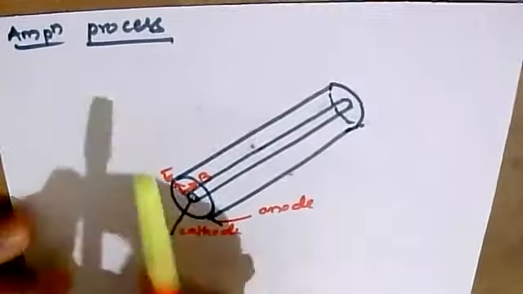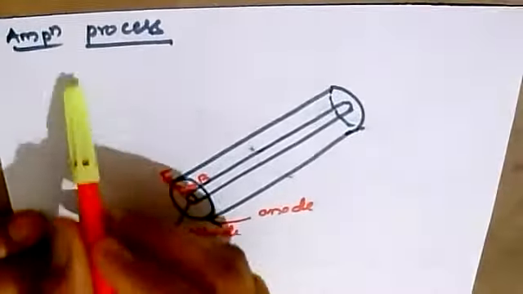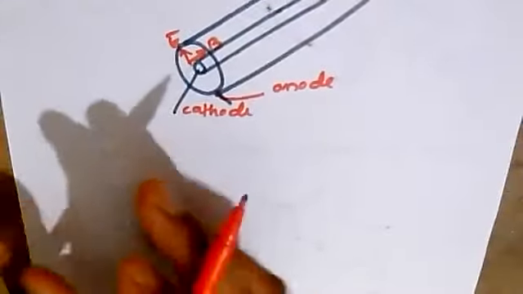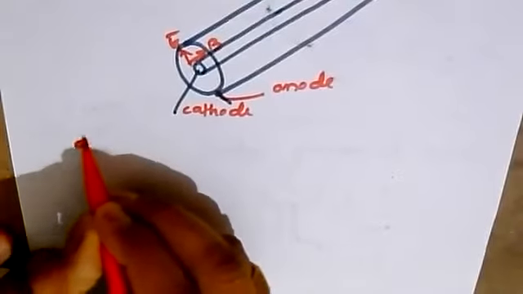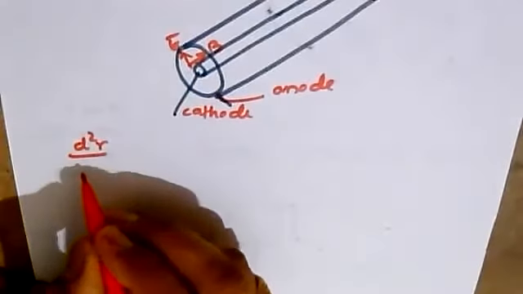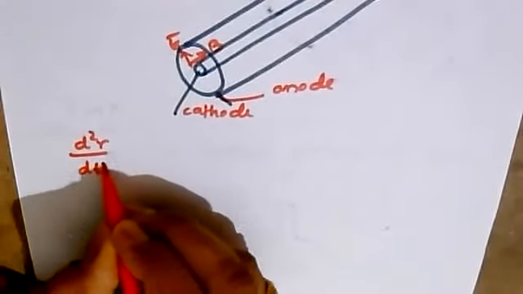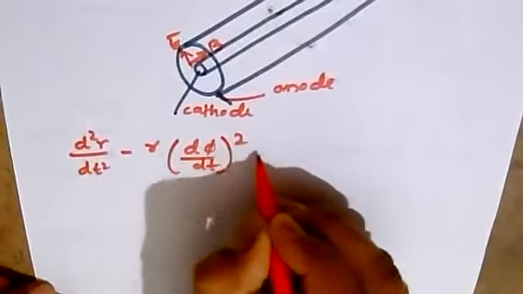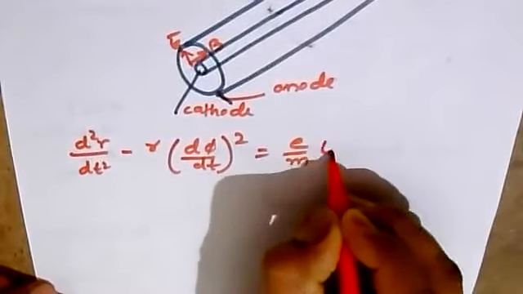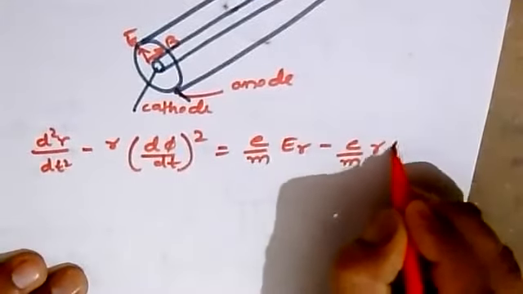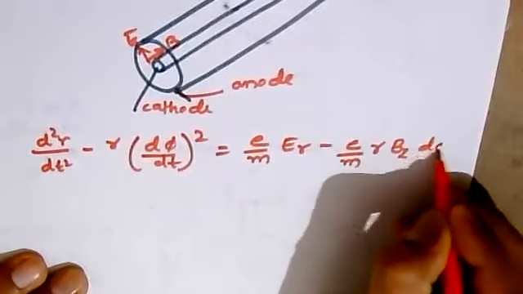To discuss the amplification process, we need to consider the expression. There is no need to derive this particular expression; we take it as it is, based upon the distance traveled by the electron paths, which is given by d square r by dt square minus r into d phi by dt whole square, which is equal to E by m Er minus E by m r Bz d phi by dt.